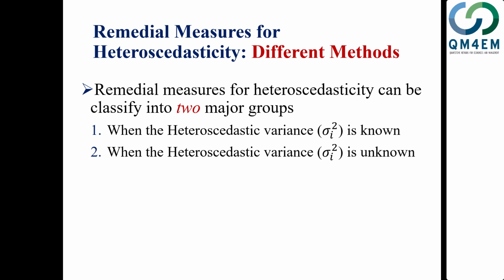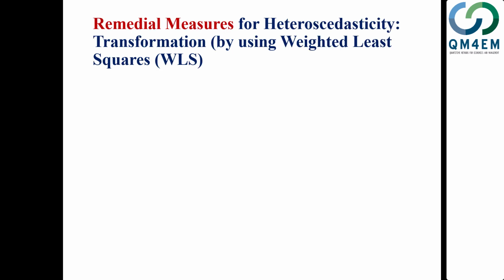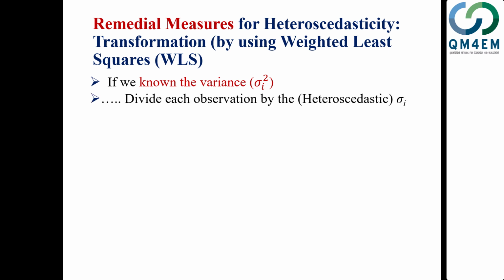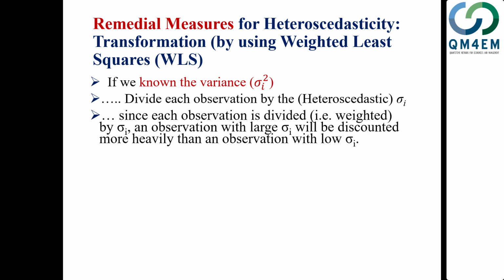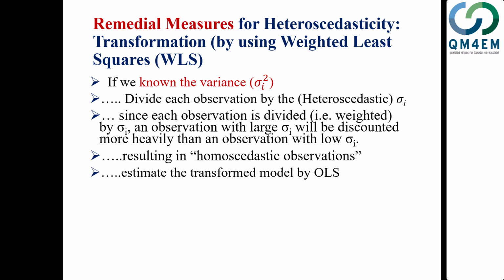So in the weighted least square case, when we have the known heteroscedastic variance, all we do is divide all observations by the respective heteroscedastic variance, and that division transforms the original data to homoscedastic observations. Then we can apply the standard OLS procedure and thus ensure to obtain the BLUE, or best linear unbiased estimator.